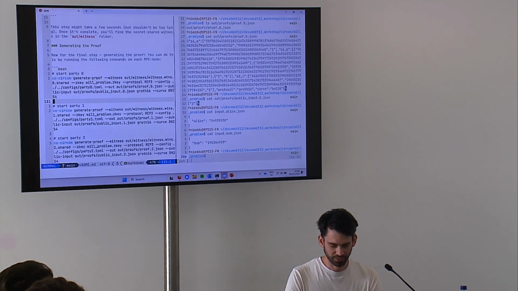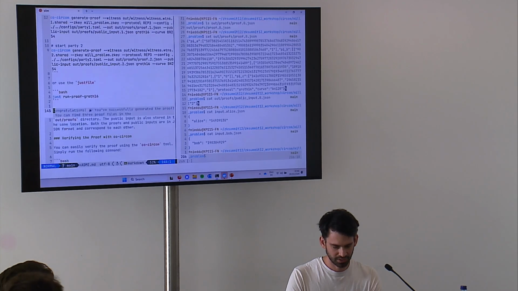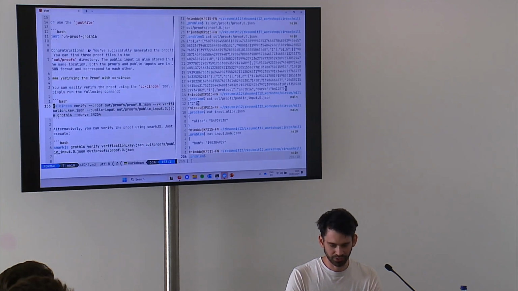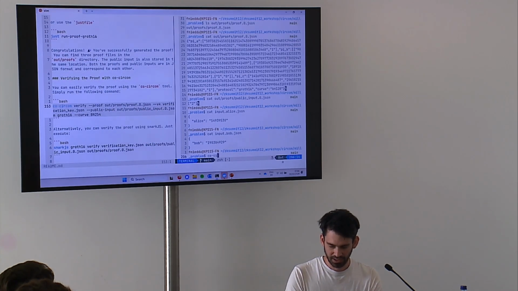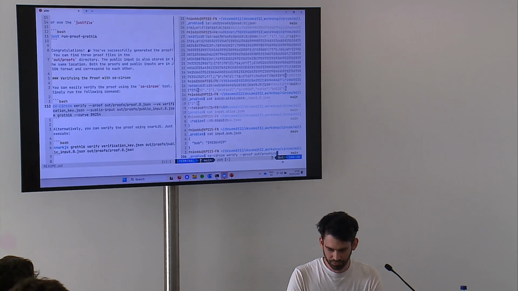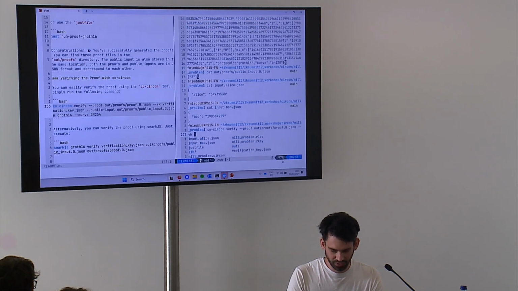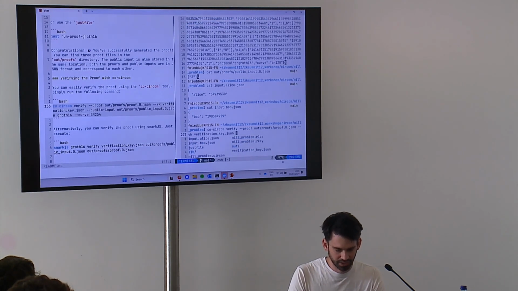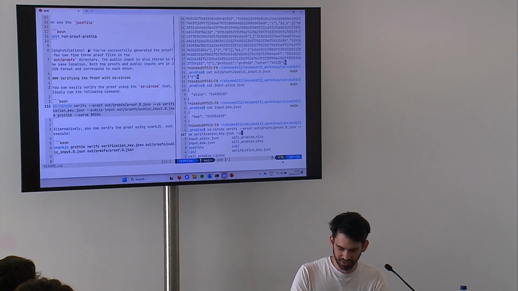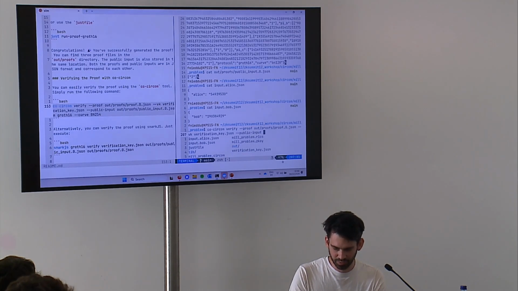Okay, last step is to verify the proof. We can do that either with Co-Circom. Can again write it. Co-Circom verify. We want to verify the proof 0 JSON with this verification key that is already prepared in the Docker, hopefully, and the public input is out proofs public input 0 JSON.